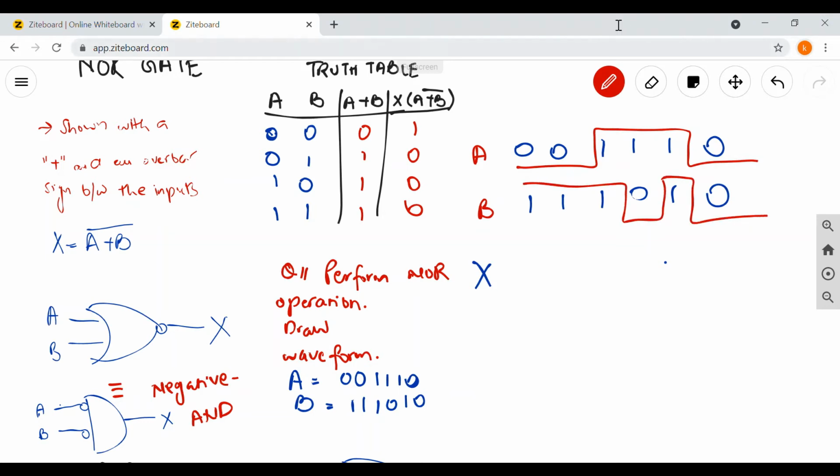Okay, so we're only gonna get a high output when both the inputs are 0, so we'll just find that, which is over here, which is 1. In the rest, all of the inputs have at least one 1 in them, so it's gonna be 0 in the rest. That's just how easy we can draw the waveform.